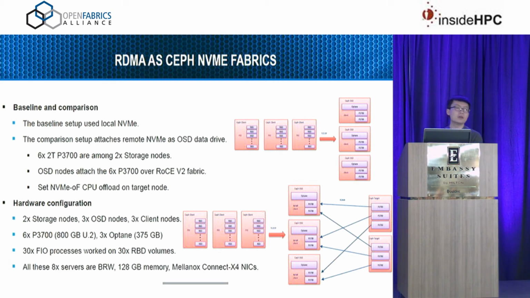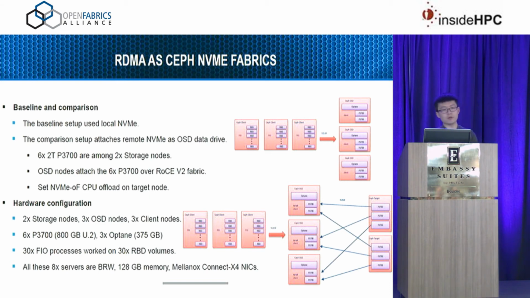With NVMe-oF, there will be three kinds of nodes: the client node, the OSD node, and the storage node. The NVMe is located at the storage node and leverages NVMe-oF to map the NVMe drive to the remote OSD node as an OSD drive.